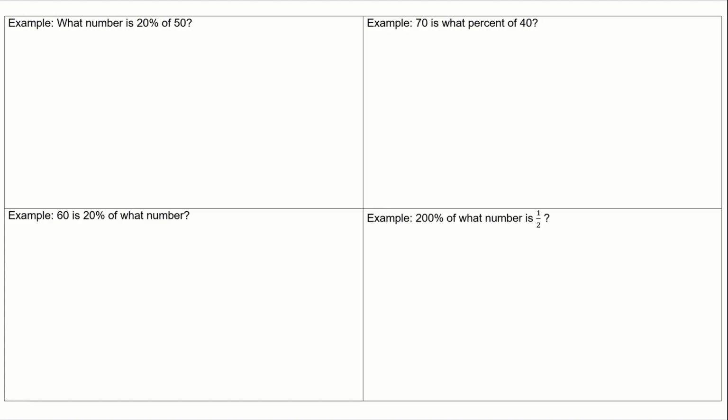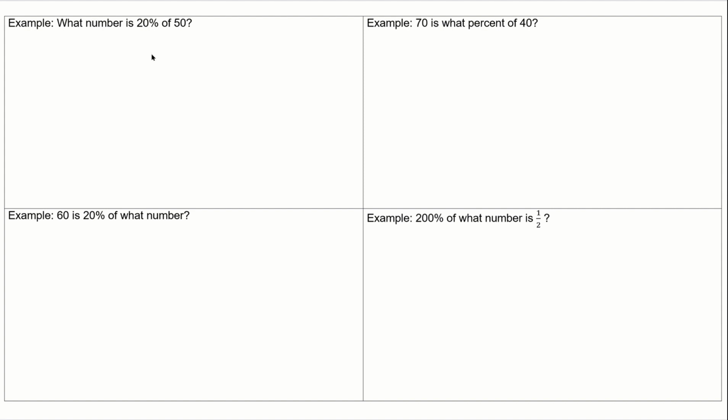All right, so with each of these, I want to look at them in two different ways with you. Before using the percent formula, I want to show you what actually is my preferred method, because there's absolutely no memorization. With that method, you just translate directly from English to mathematics.